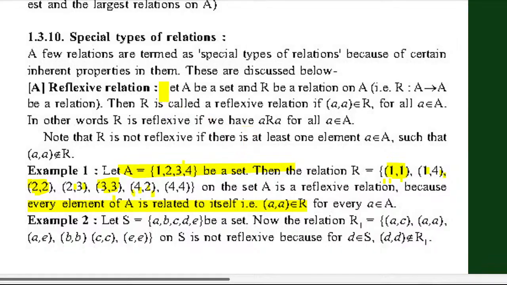See again, A be a set and R be a relation on A. You write in your book copy. Then this R is called a reflexive relation if the condition given here, (a, a) belongs to R, that means the elements of this R should belong, for all a belongs to A. So that small a should be an element of this capital A set.